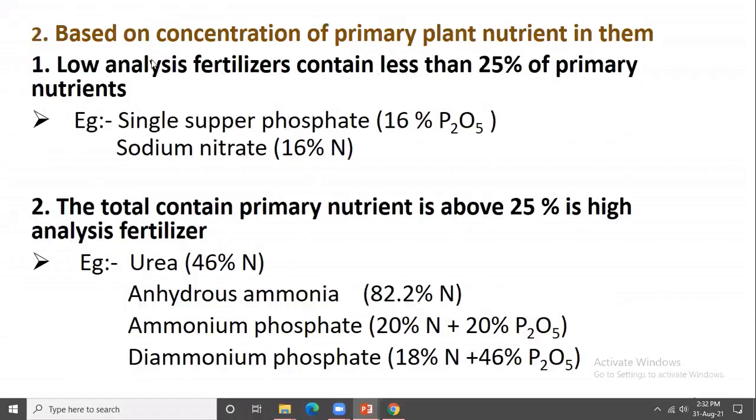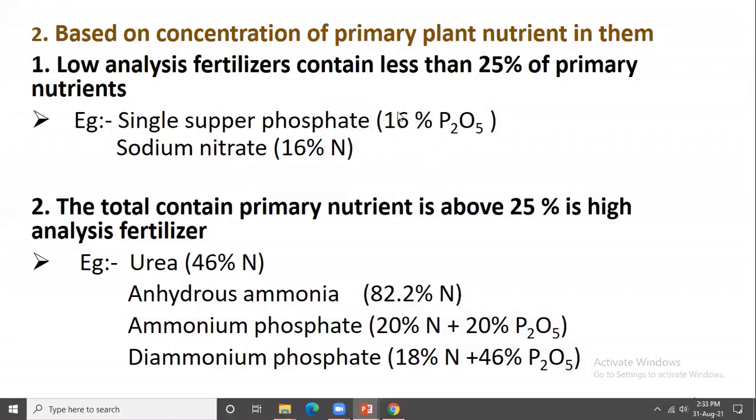Okay, sir. Based on the concentration of primary plant nutrients in them. Low analysis fertilizer contains less than 25% of primary nutrients. Single superphosphate has less than 25% of nutrients.